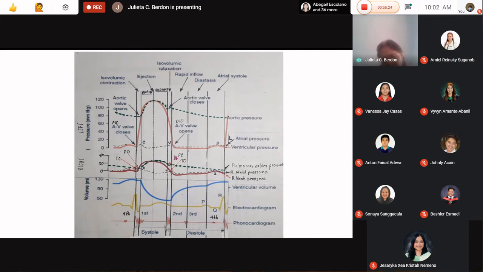Greater pressure in the atria than in the ventricle, so blood will flow from atrium to ventricle. Although the pressure difference is much less, flow still occurs. The first third is the rapid filling phase. Then you look at the ventricular volume curve, and it is increased.